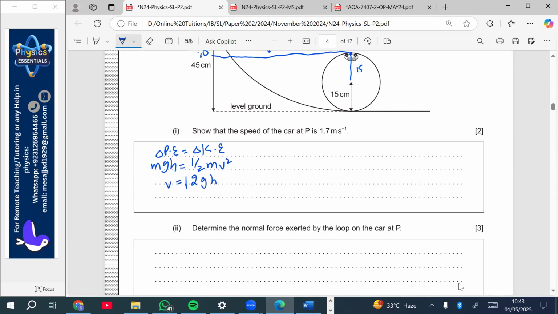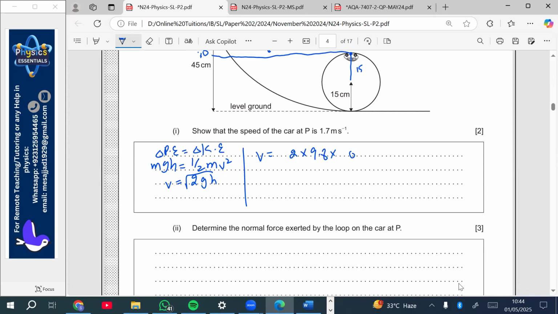You just need to do the calculations, like the changes. Now, what is the change in h? So v equals the square root of 2 into 9.8 into h, where h started from 0.45 and ended at 0.30.